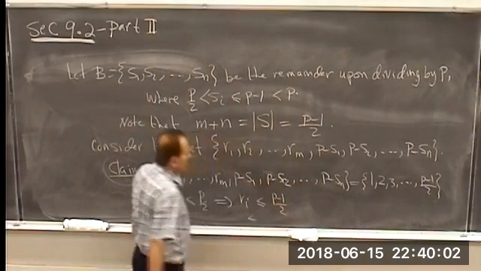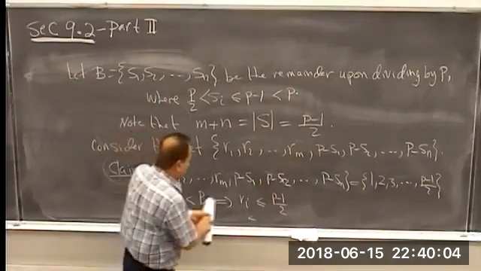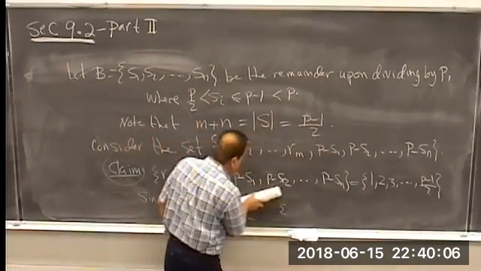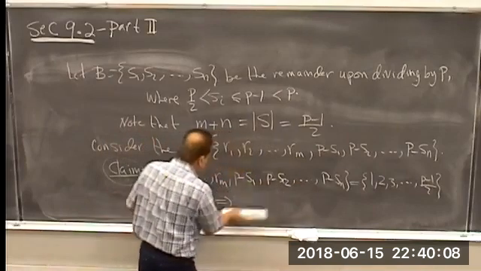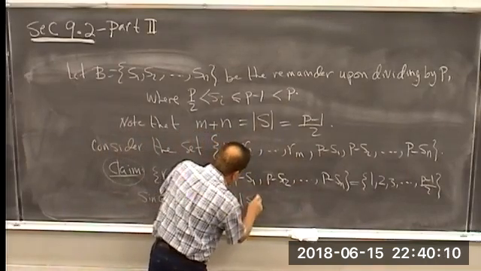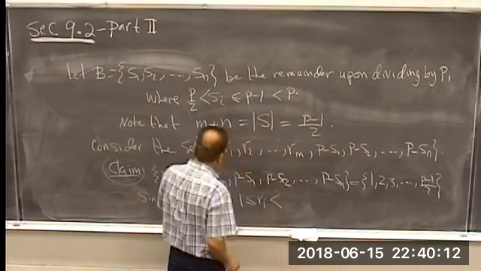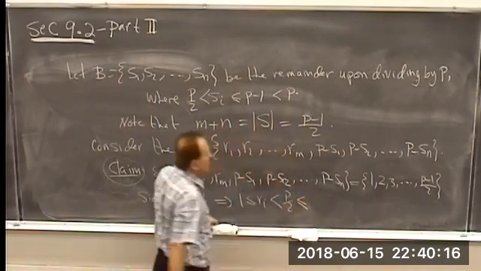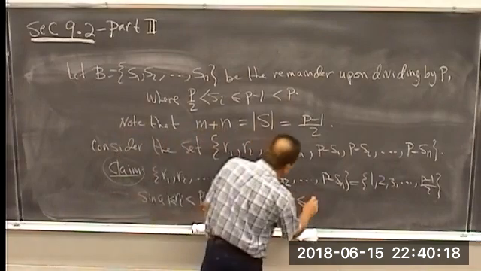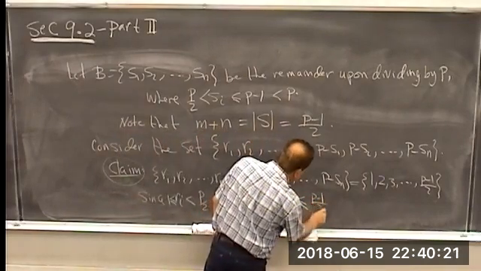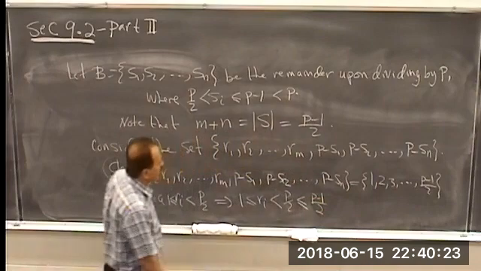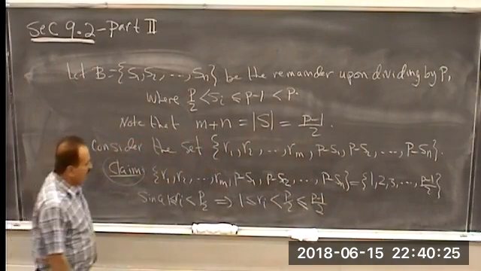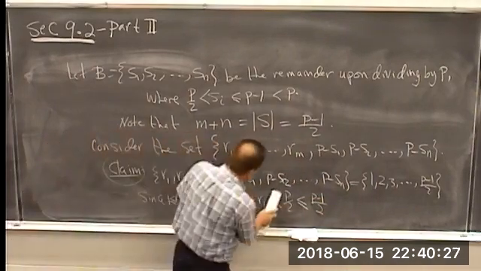Let me put the double inequality here: 1 is less than or equal to r sub i, which is less than p over 2, and this one is less than or equal to p minus 1 over 2. Actually, the other way around.